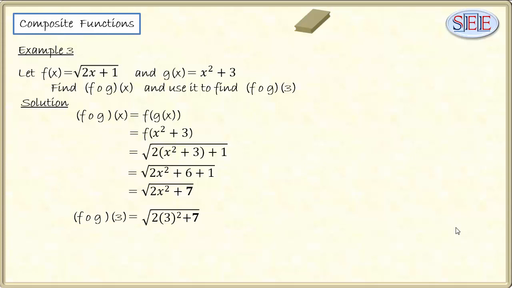So we have square root of 2 into 3 squared plus 7, and the 3 squared is 9. Multiplied by 2, the answer will be 18. And 18 added to 7, the answer will be 25. So I have square root of 25, and square root of 25 is nothing but plus or minus 5. And therefore, the image of 3 under the composite function f of g is nothing but plus or minus 5.